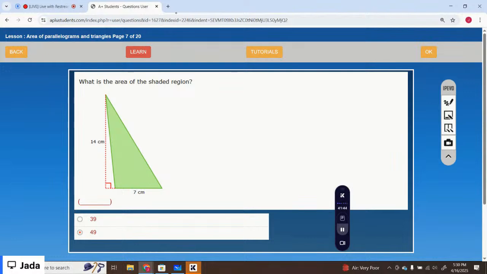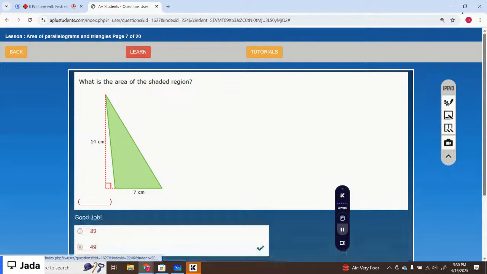You have to use the formula that is half times base times height. Option number 2 is the correct option. Okay, you can complete the lesson by yourself. But for today, let me just move on to the next lesson.